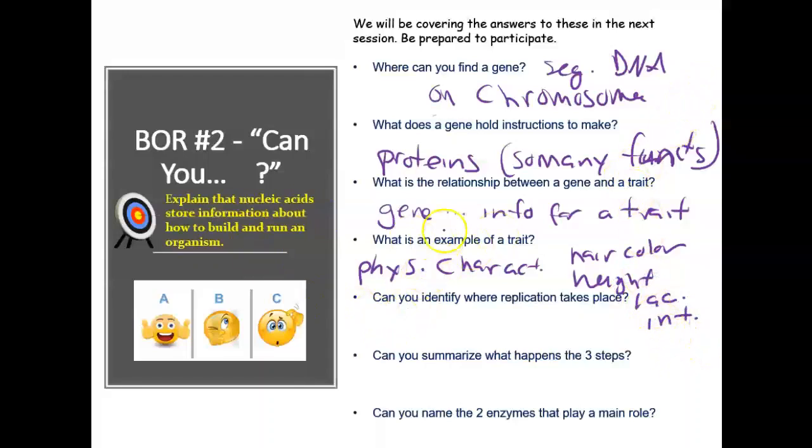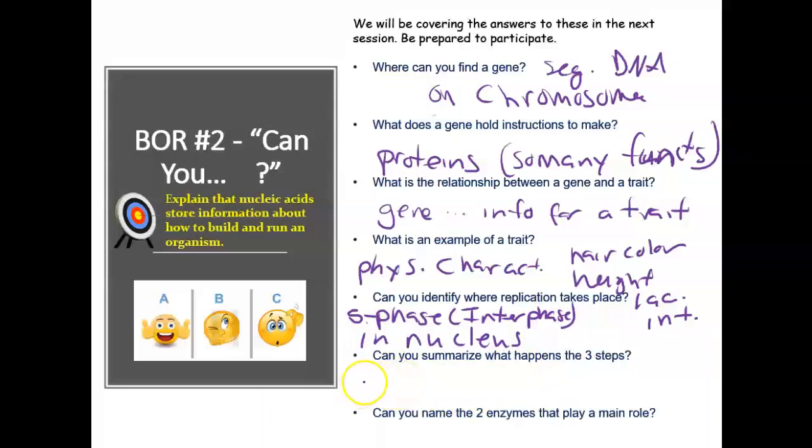Can you identify where replication takes place? What you need to remember is replication happens in the S phase, which is interphase, and interphase is happening in the nucleus before mitosis occurs.